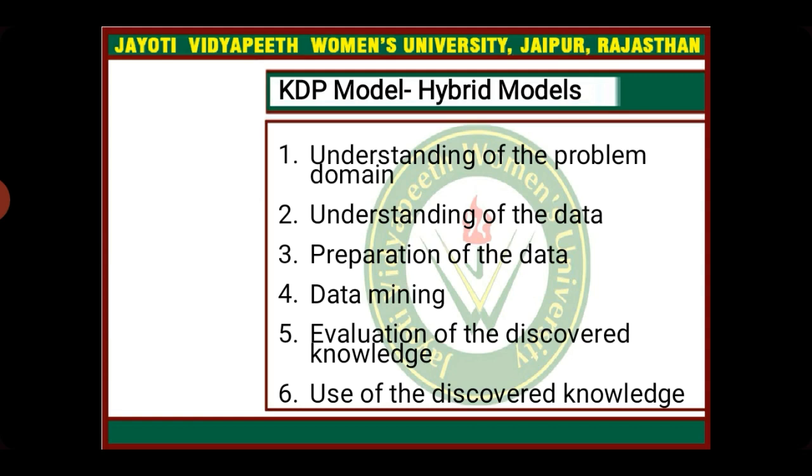Finally, project goals are translated into data mining goals, and the initial selection of data mining tools to be used later in the process is performed. The second step is understanding of the data. This step includes collecting sample data and deciding which data, including format and size, will be needed.